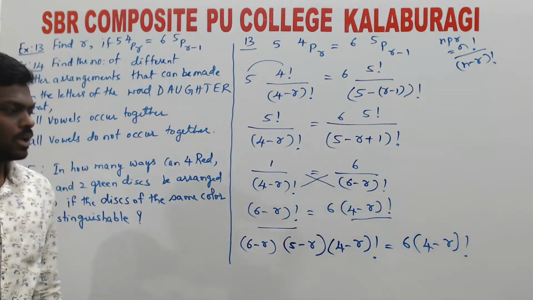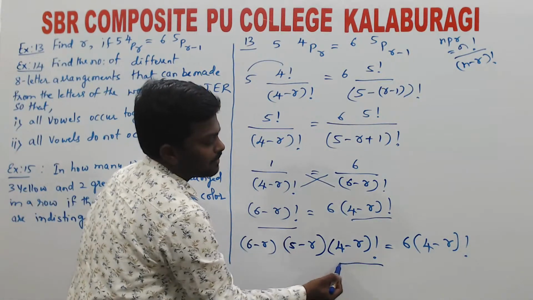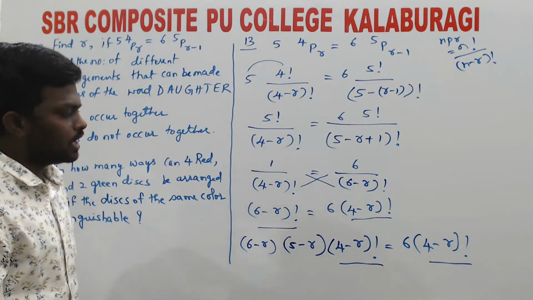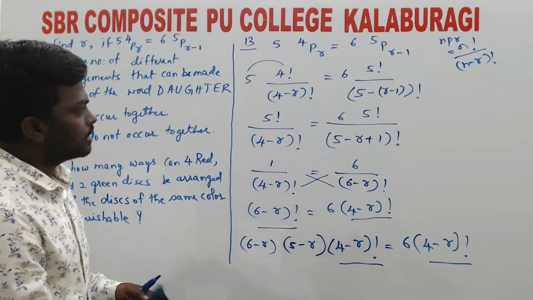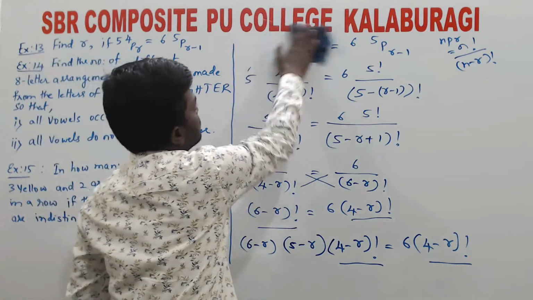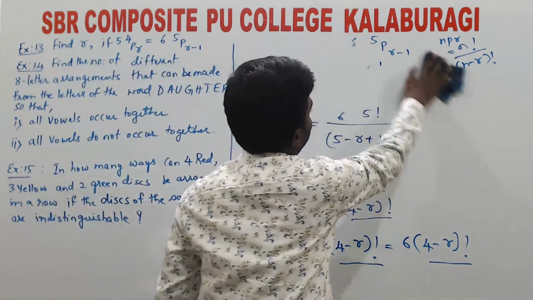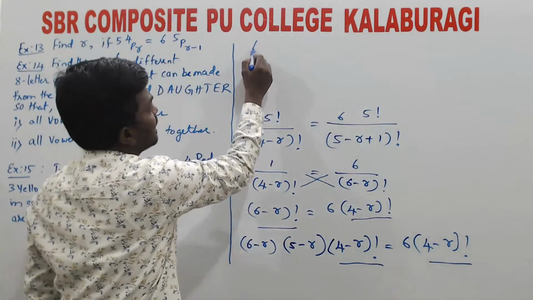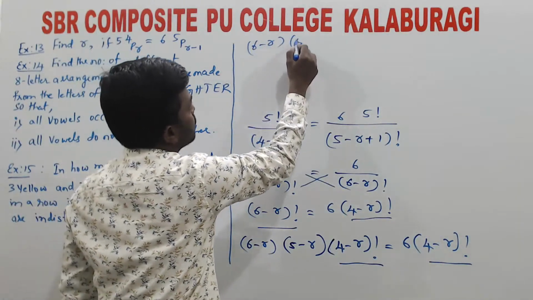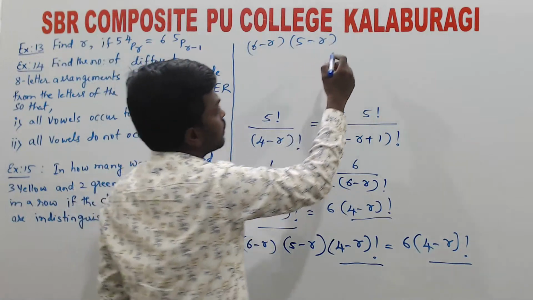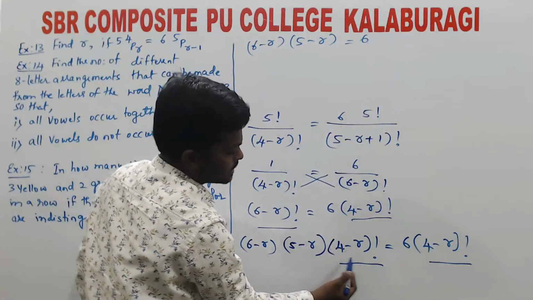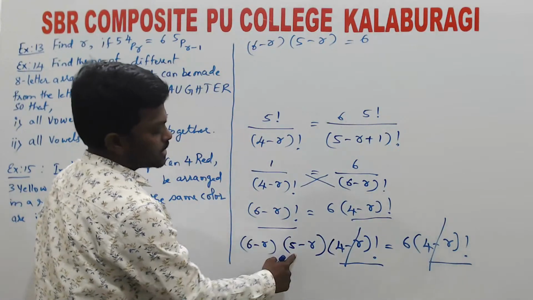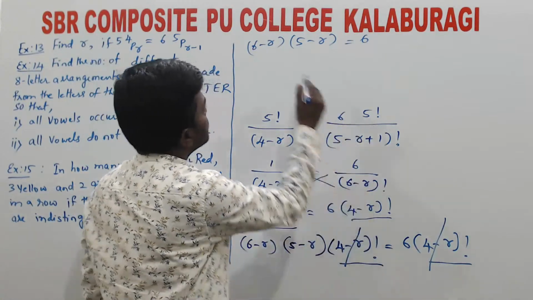Yes, students. Now if you observe, (4 minus r) factorial, (4 minus r) factorial gets cancelled. So now, cancelling that, what we are left with is (6 minus r) into (5 minus r) is equal to 6.